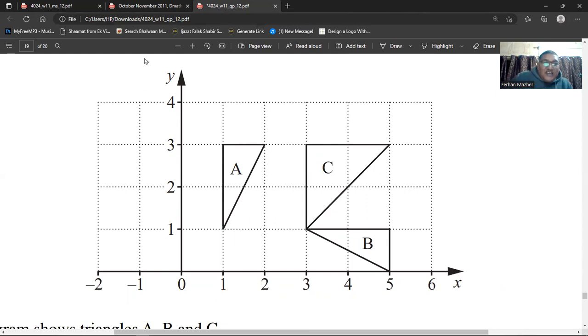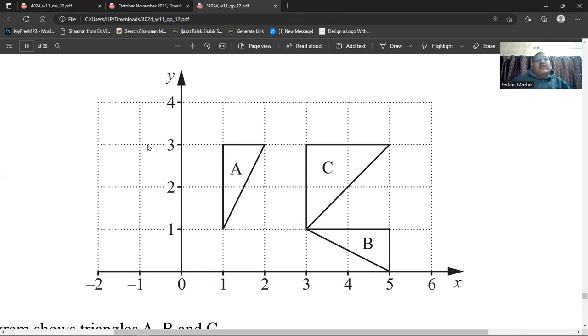So now suppose the invariant line is this one. The distance of this point from here is 2. And when you double this distance, it will become 4. So its image is here. Its distance is 1, 2, 3, and 4. Yeah, right. Suppose this point, its distance from this invariant line is 3.